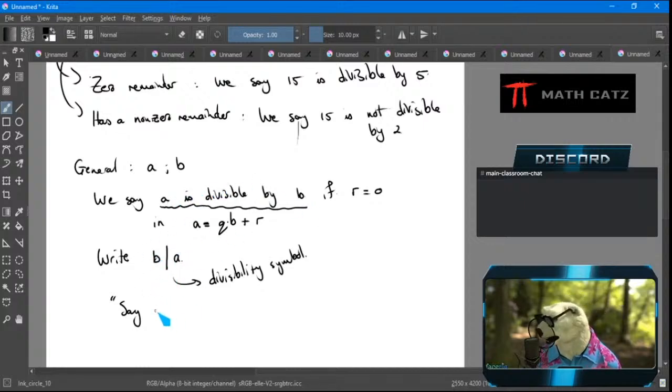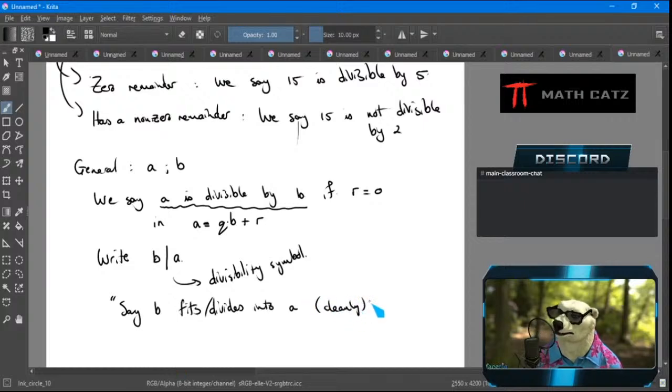So I like to casually read this as B fits or divides into A, implying that it cleanly fits in. There's no remainder. So when I say that sentence, it's in the same order as the mathematical sentence.